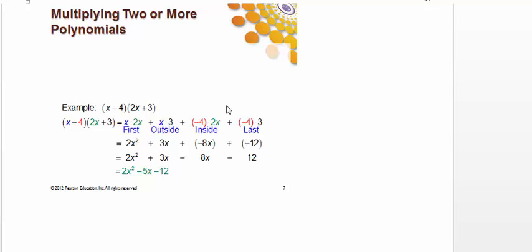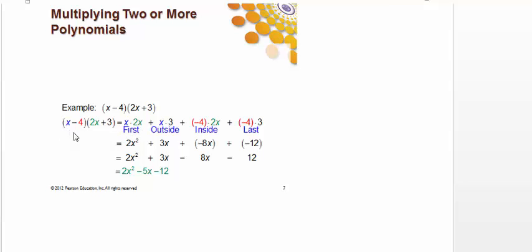So if I multiply two or more polynomials, I'm multiplying two polynomials at a time, and I'm using the distributive property. So the distributive property says multiply each term of the first polynomial by each term of the second polynomial. So x gets multiplied by 2x.